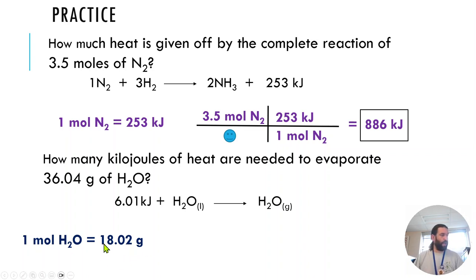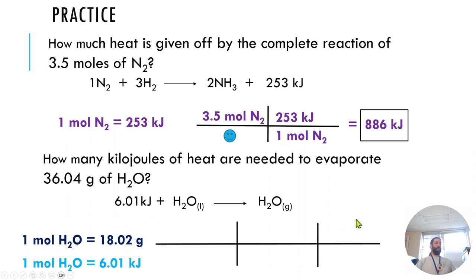Just to review, 18.02 grams is what 2 moles of hydrogen atoms and 1 mole of oxygen atoms would weigh. But that only gives us moles. Once we have moles, we can use the equation to find out how many kilojoules. That one will be 1 mole of water equals 6.01 kilojoules. So we have to convert from grams to moles first, and then from moles to kilojoules.